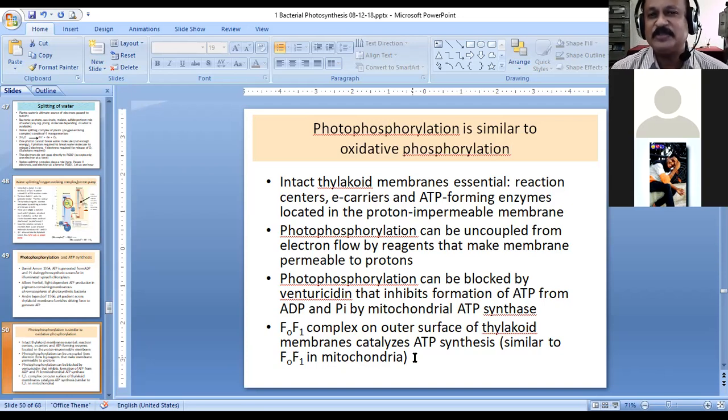Although there may be very slight variations, the overall structure, assembly, and function of the ATP synthase in photosynthetic organisms as well as in aerobically respiring organisms are the same, and they are called FOF1 ATP synthase enzymes. I have written it here on the slide. Can you see that? FOF1 complex. There are two subunits, one is called the FO subunit and the other is called the F1 subunit.